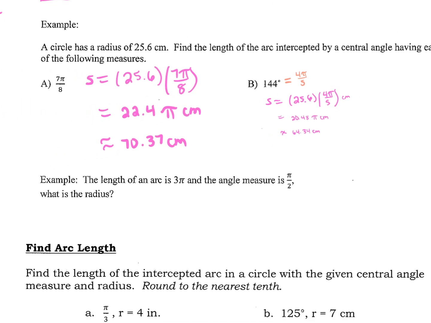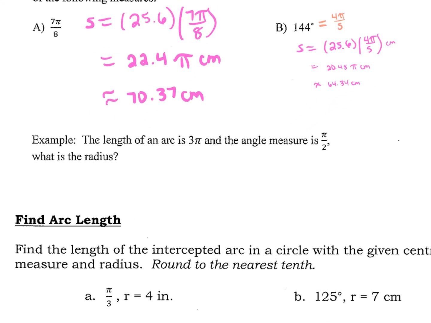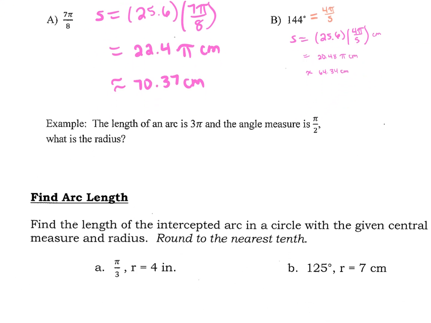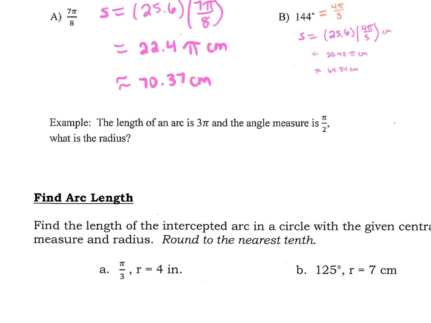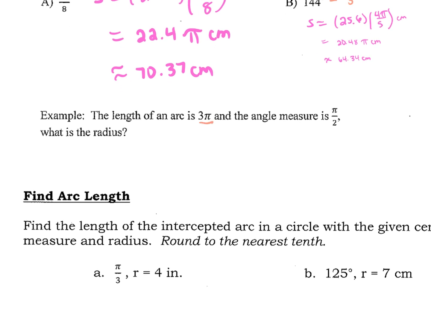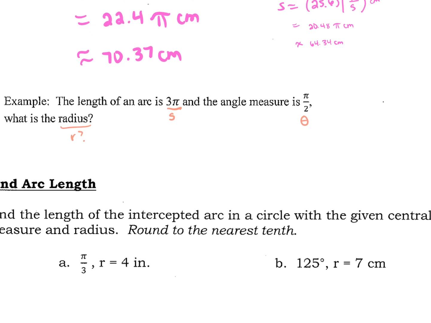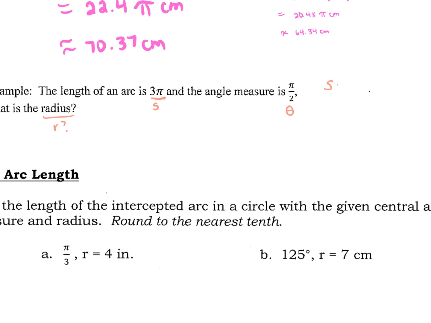There are times, if you look at this next example, we're kind of working backwards, right? We're given the S and we're given the theta, so we're solving for R. So let's plug in. S is equal to R theta, so S in this case is 3 pi equals R times pi over 2.